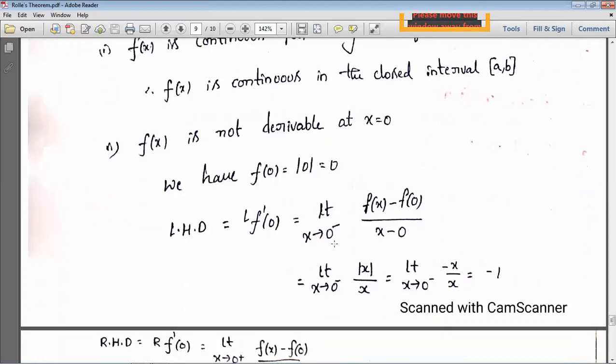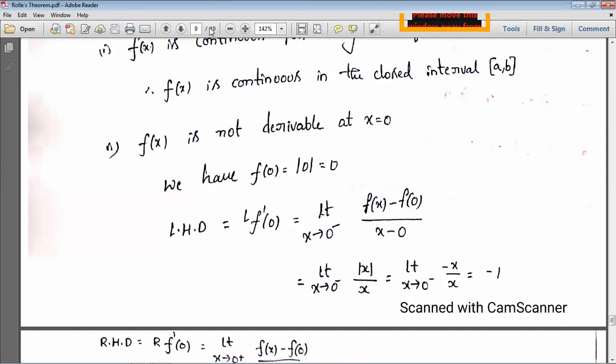So here I am applying the formula for the left hand derivative. The left hand derivative is represented as L f dash of 0, and the formula is limit x tends to a minus. I am saying the function is not derivable at 0, so I substitute 0 in place of a: limit x tends to 0 minus, f of x minus f of 0 by x minus 0.